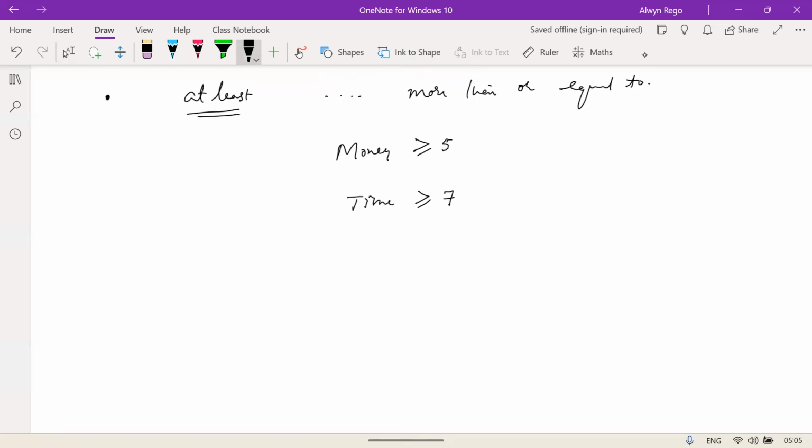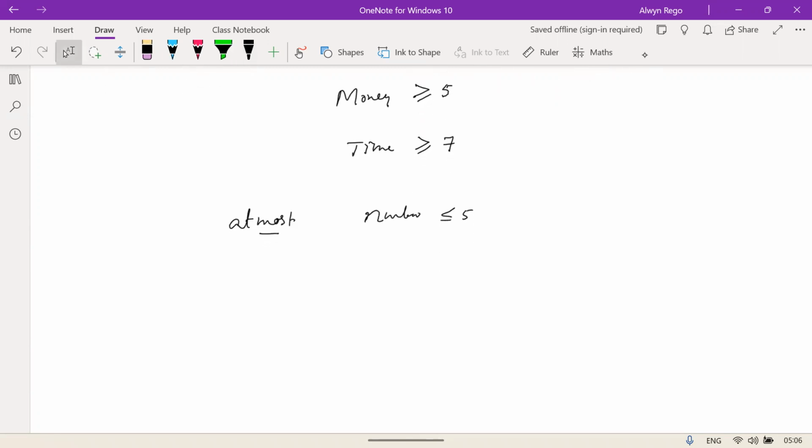And we have something called at most. At most means not greater than. At most 5 people can attend this function. So the number of people is less than or equal to 5.